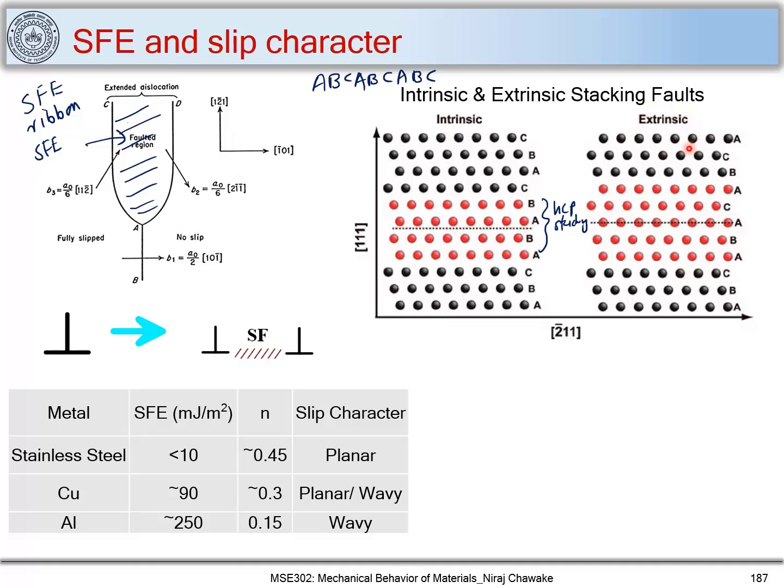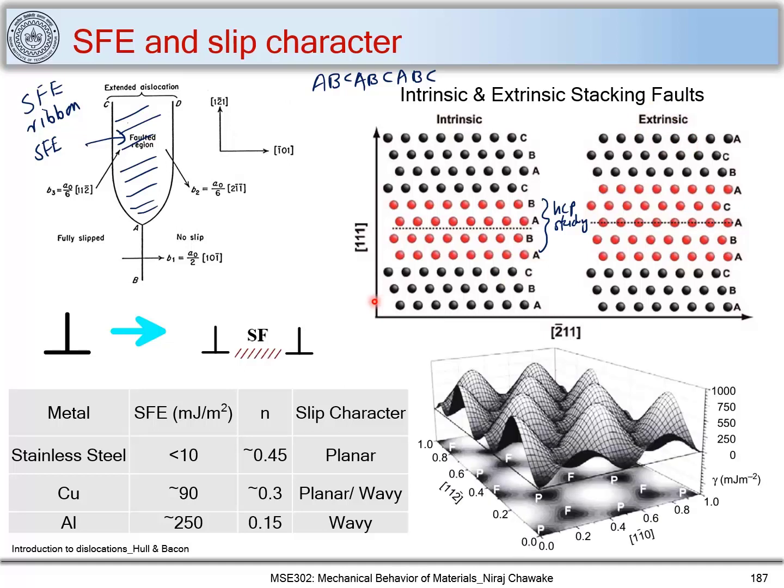Now how do we find out this stacking fault energy? Let me briefly tell you how it has been done. This is called a gamma plot. Let me write that also. How it has been calculated is, let's say in this case you have ABC stacking.